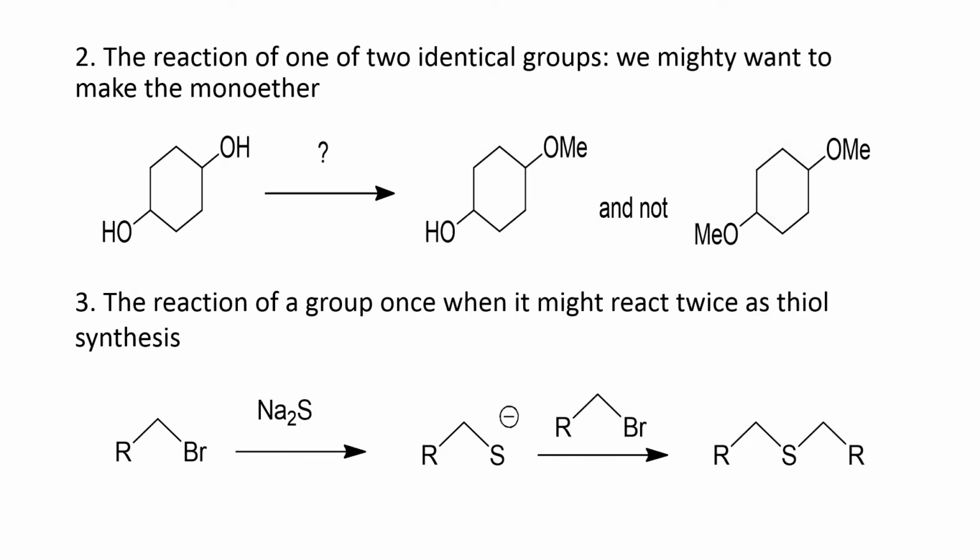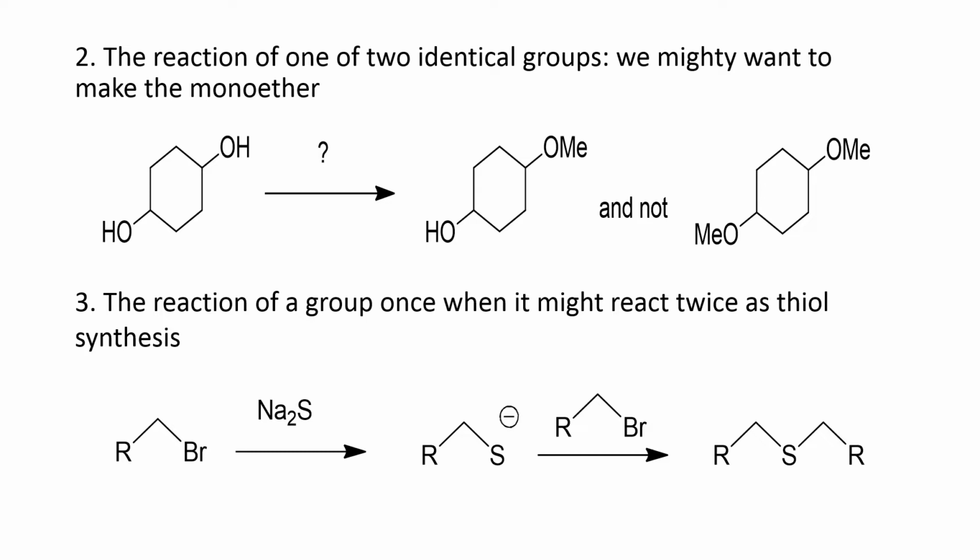The second case is the reaction of one of two identical groups. We might want to make the monoether. Here is the example. If we have the same functional group twice, meaning two identical functional groups, then how will this react?